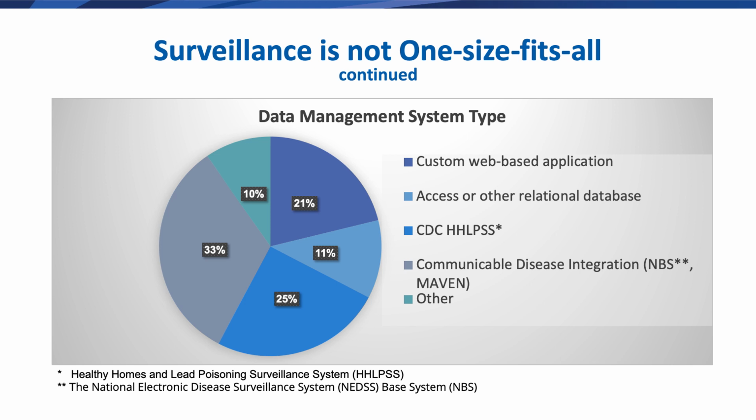This variety shows that there's not one system that works for everyone, and to explore what options may be out there that best meet the needs of the program. Pie chart showing types of data management systems.